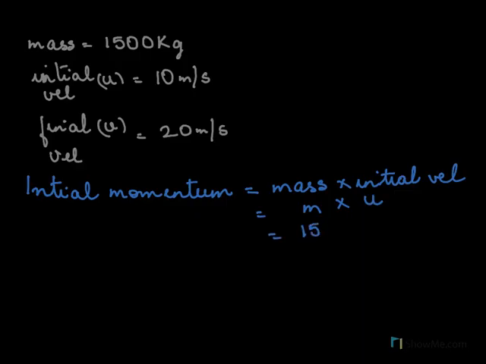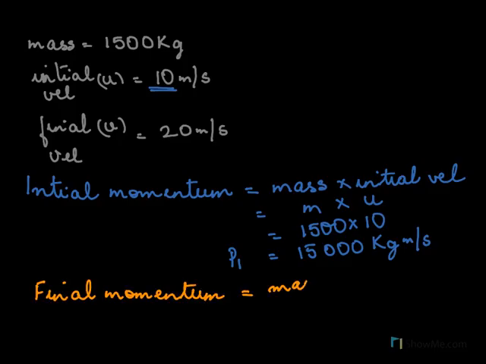M is 1500 and we know the initial velocity is 10. So initial momentum, we'll call it P1, is 15000 kg meter per second. Now to find the final momentum.